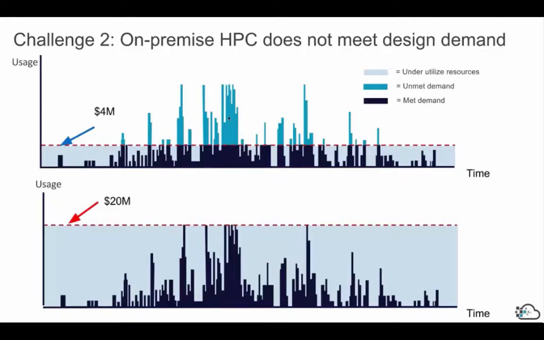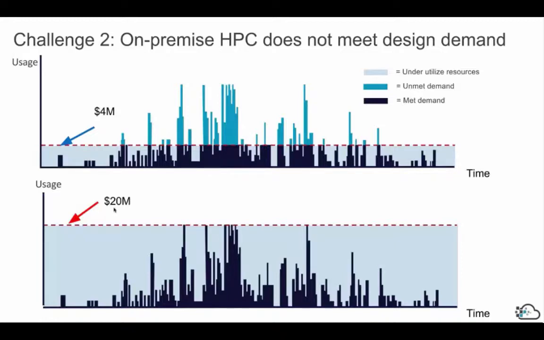Now, if you want to scale for peak usage, in this case to meet all the computation demand that you have, it's going to cost $20 million to come up with such a system. So you really need to think about how to balance between these two when sizing your on-premise system.